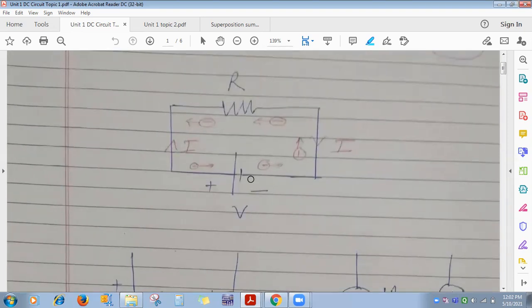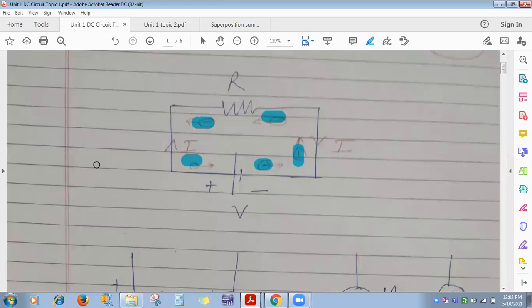Now the moment you switch on this DC voltage source, what happens here? What happens with electrons? They start to move from the negative terminal of the battery to the positive terminal of the battery, in the external circuit of the battery.